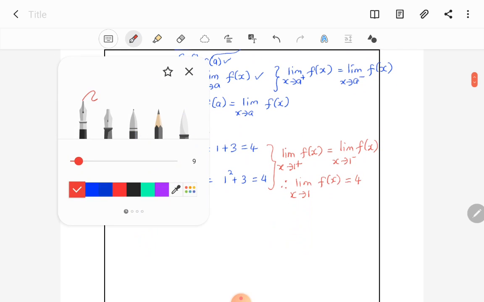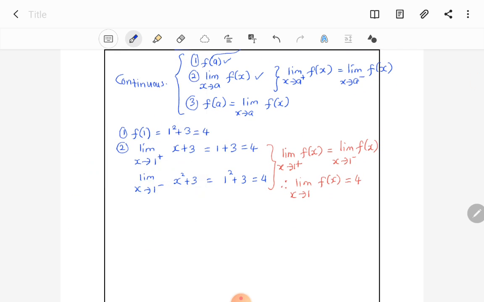Okay, now we need to check the third condition. We compare the first and second answers. So we can say that f(1) equals the limit of f(x) as x approaches 1 equals 4.